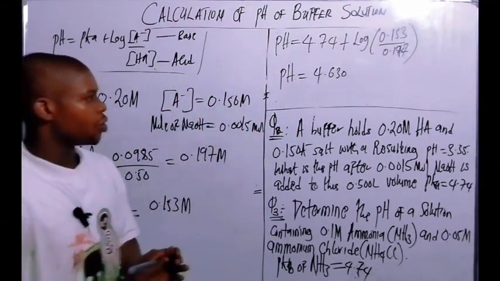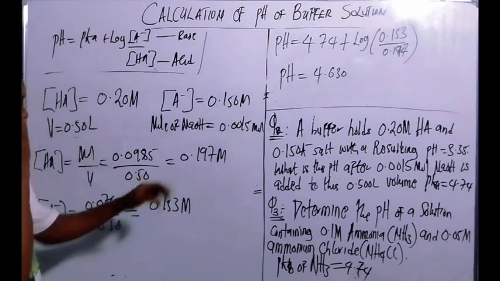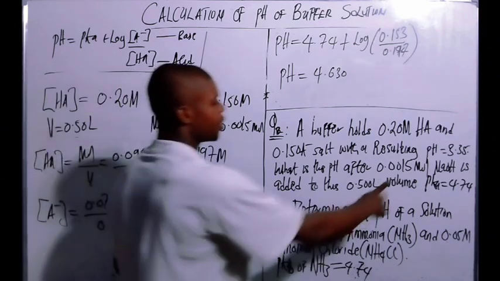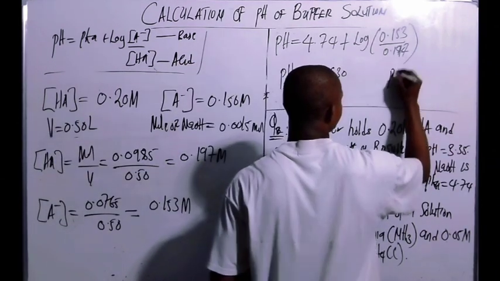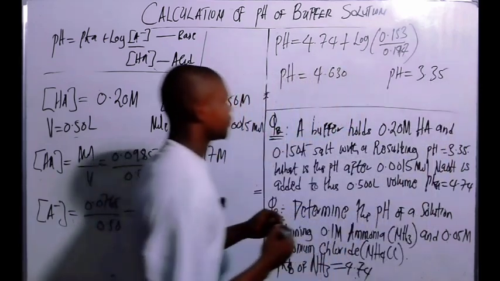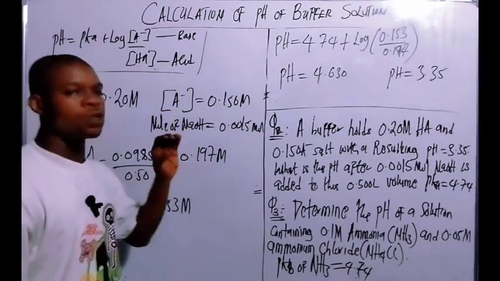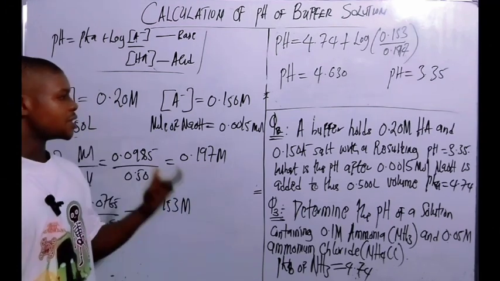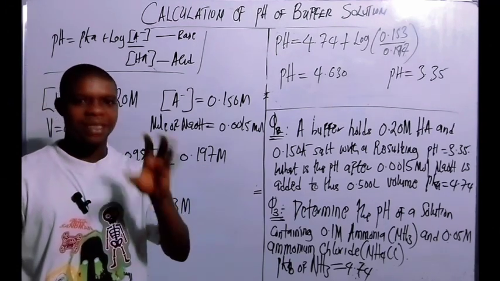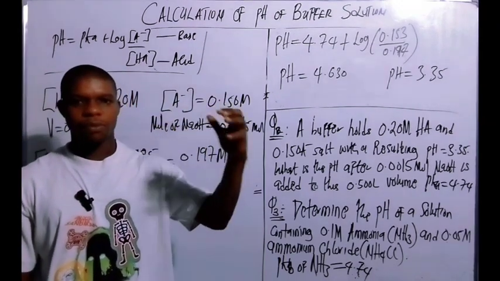Now this is what I want to explain here. Remember, this is the pH after you have added the base to it, right? My initial pH was 3.35. Can you see that? What does this tell you? Whenever a base is added to a buffer solution, it always increases the pH of that buffer solution.